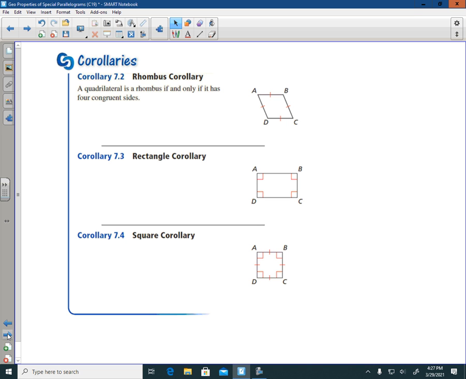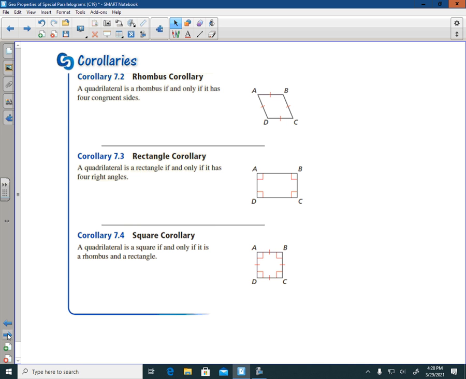And then the rectangle corollary. A quadrilateral is a rectangle if and only if it has four right angles. So you can see how these aren't super different from the definitions. They're just a little bit more specific about what's going on with these objects. And then the square corollary, again, write these corollaries down.